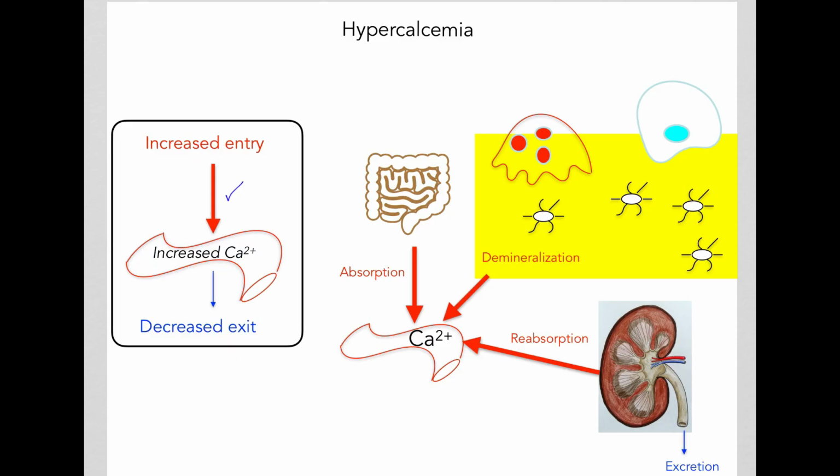Increased entry into the bloodstream can happen through increased absorption from the GI tract, increased bone resorption or demineralization, so bone calcium is coming out into the bloodstream, as well as increased reabsorption of calcium from the renal tubules back into the bloodstream. Decreased exit happens when there is decreased excretion of calcium in the urine.